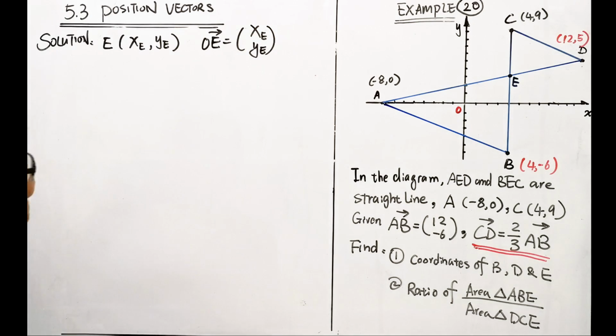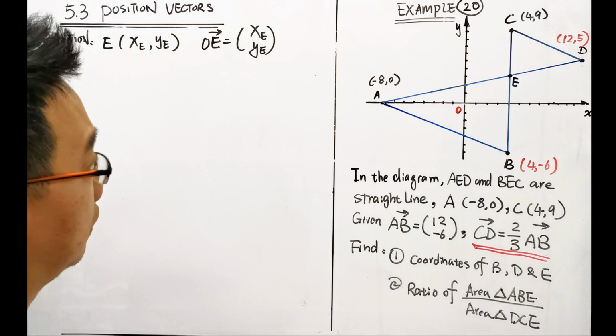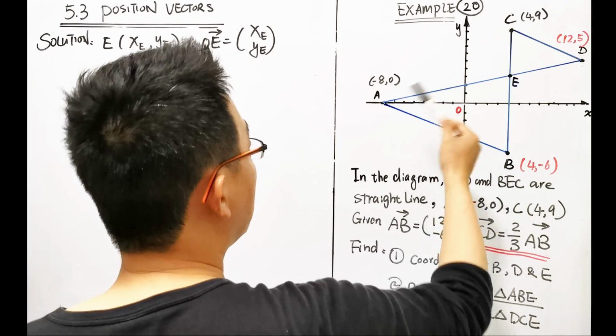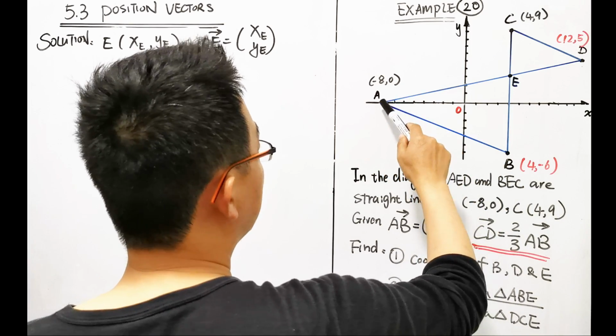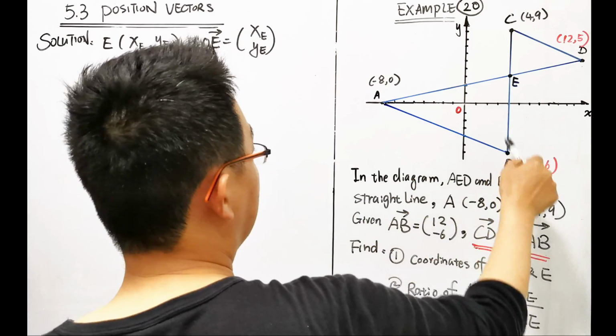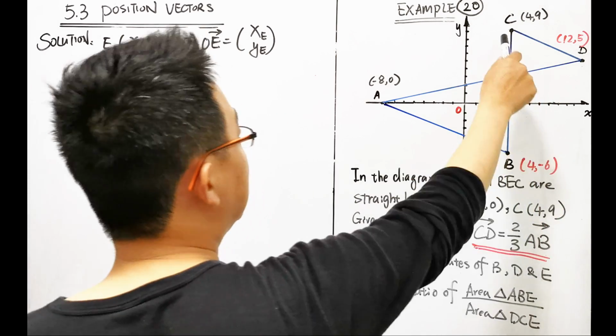Now we have to find out the relationship between these two. How to find out the E? To find out the E, we must find the relationship along a straight line, because AED is a straight line, and BEC is also a straight line.